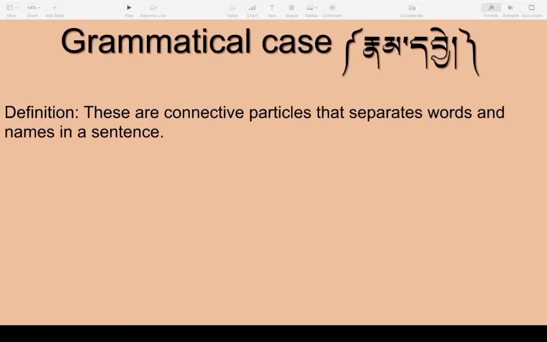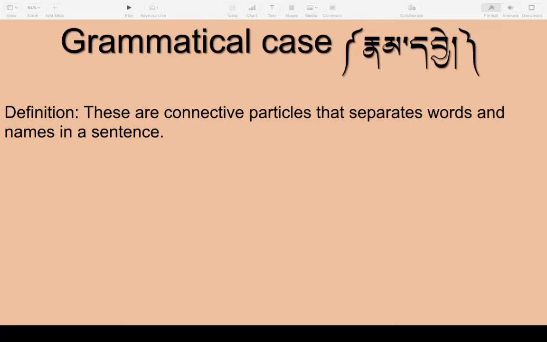Okay, so the grammatical case one, or the first grammatical case. When we talk about the first grammatical case, we must understand what a grammatical case is. Grammatical cases are connective particles that separate words and names in a sentence.